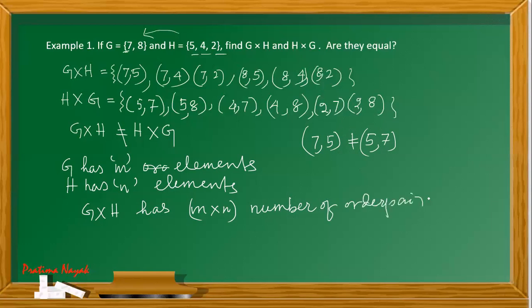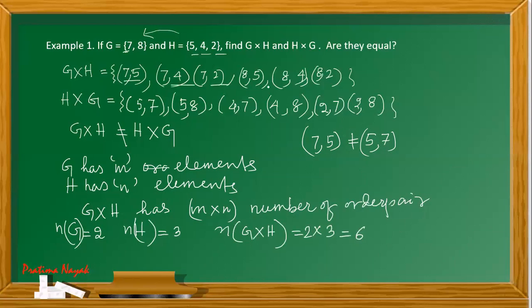Now you can count the numbers. Here G had 2 elements, H had 3 elements. We'll write n(G) is 2, n(H) is 3. Then the number of elements in G cross H will be 2 into 3, that is 6. You can count 1, 2, 3, 4, 5, 6. And H cross G will also have 6 elements, but they are not the same.